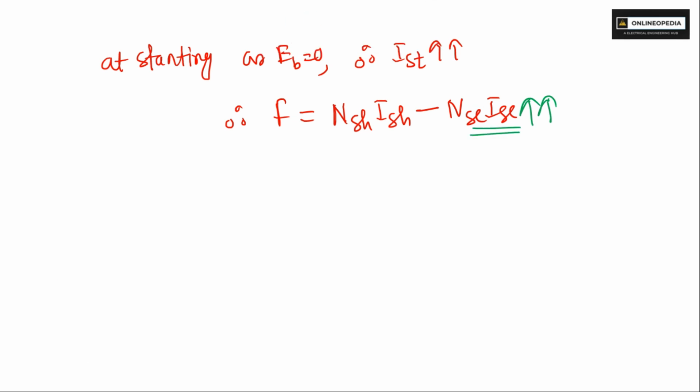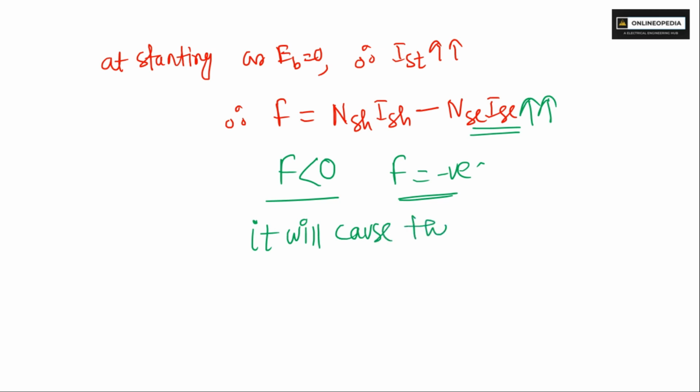Due to the increase in the MMF of the series field winding, the flux phi may become less than 0, or you can say negative. As phi becomes negative at starting, it will cause the motor to start in the opposite direction.